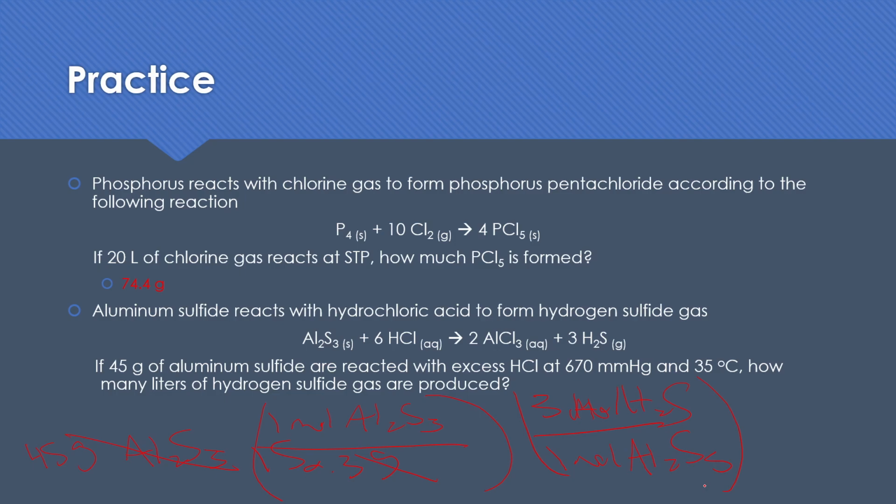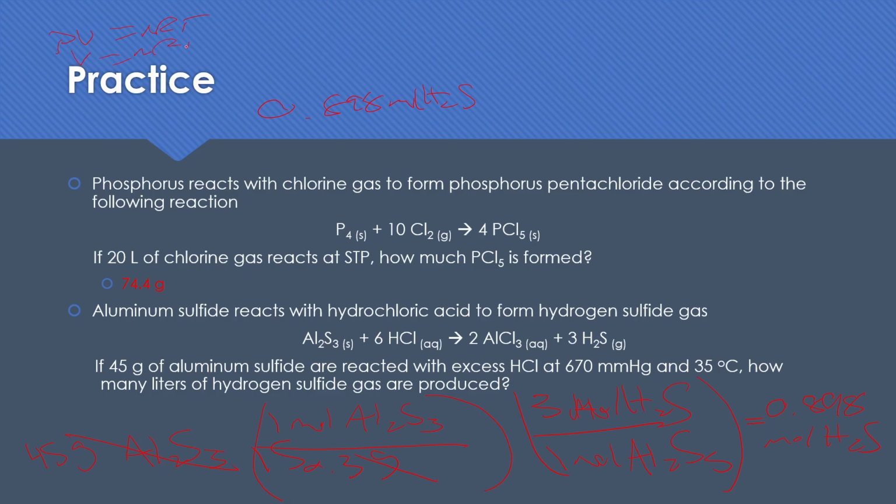So 45 divided by 150.3 times 3, and you get 0.898 moles of H2S. Okay, so let's move this number up here. 0.898 moles H2S, right? PV equals nRT.